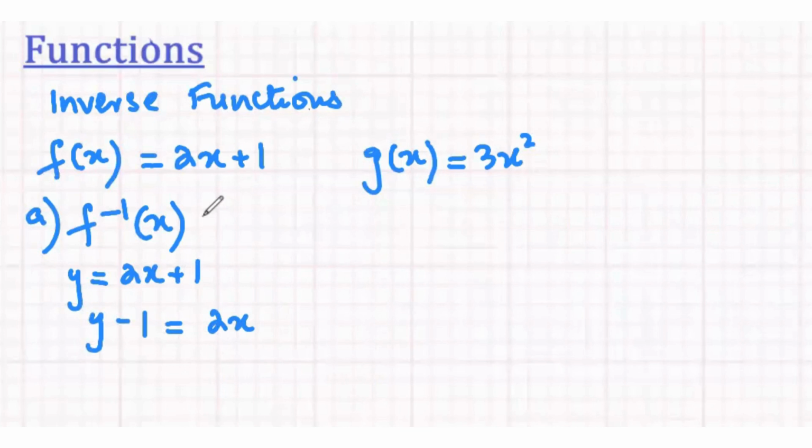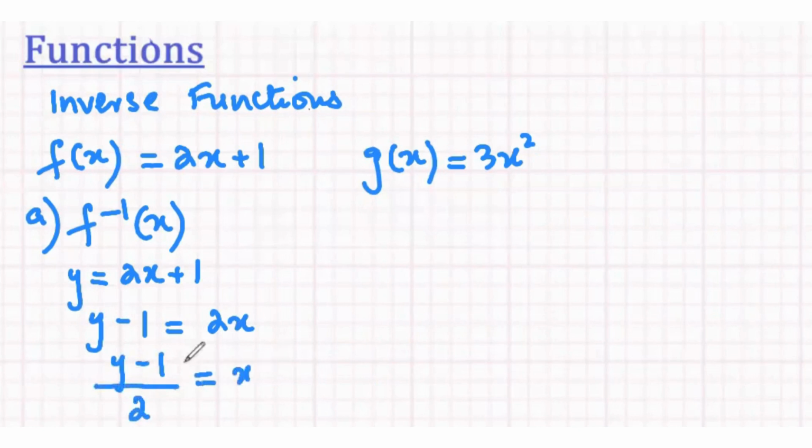For example, if it's being added, it becomes subtracted on the other side. If it's being subtracted, it becomes added. If it's being divided, it gets multiplied. And if it's being multiplied, it gets divided. The opposite thing happens basically. So y minus 1 equals 2x. And then since 2 is being multiplied to x, on the other side, it divides y minus 1.